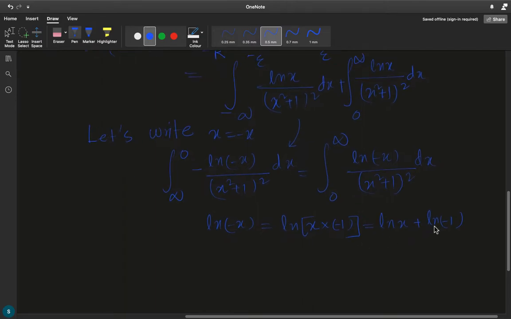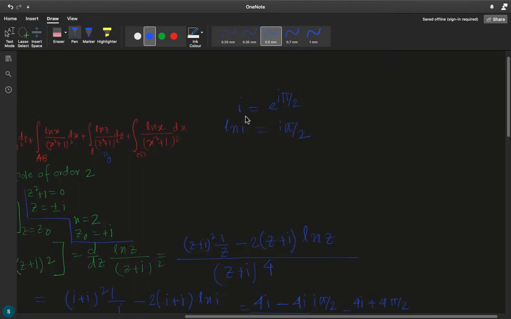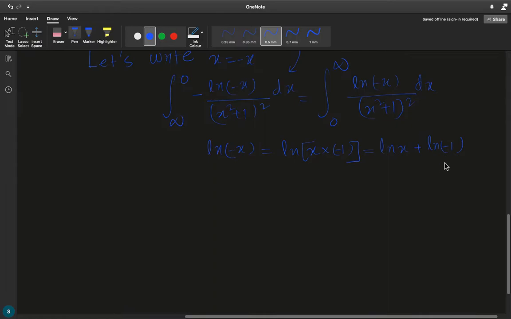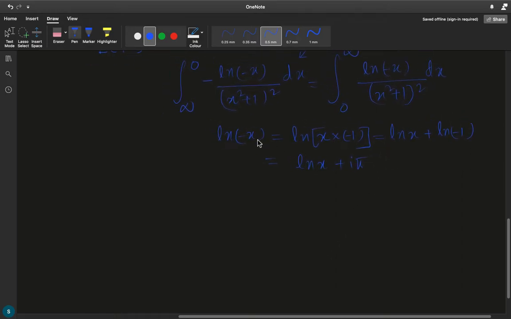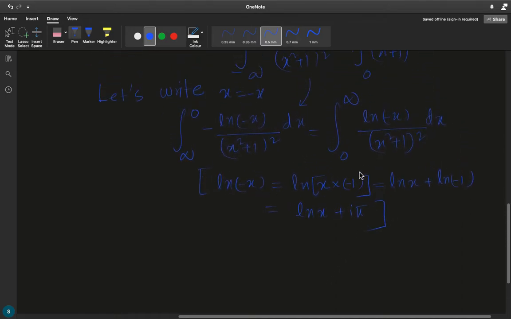What is the value of ln of minus 1? ln of minus 1 gives us the value i times pi, so ln minus 1 equals iπ. So we plug this value in: ln x plus iπ. Then we plug this value over here.